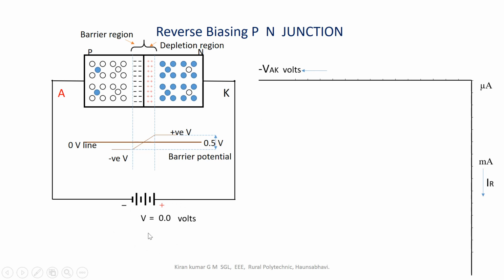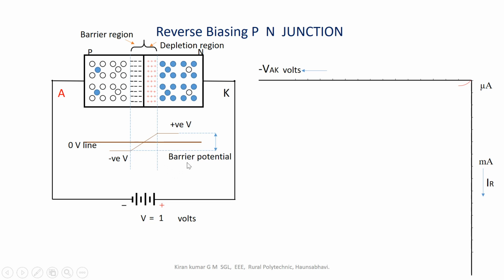When the external voltage is increased from the battery, the width of this depletion layer is increased. The concentration of ions also increases, and this will result in the increase of barrier potential.